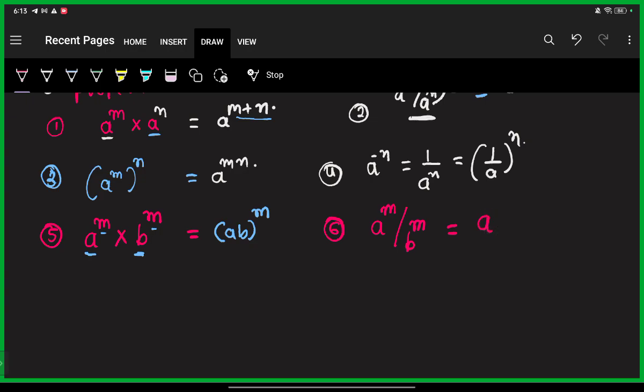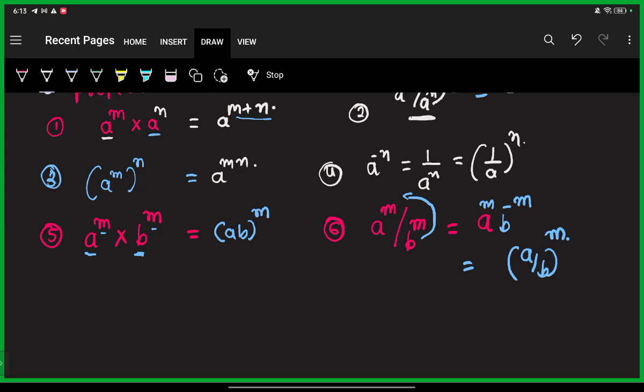So you can take this term into the numerator, right? So it will become B raised to minus m. So finally, we can write it as what? Sir, write it as A by B raised to m, right? Nothing else. Whole to the power m.